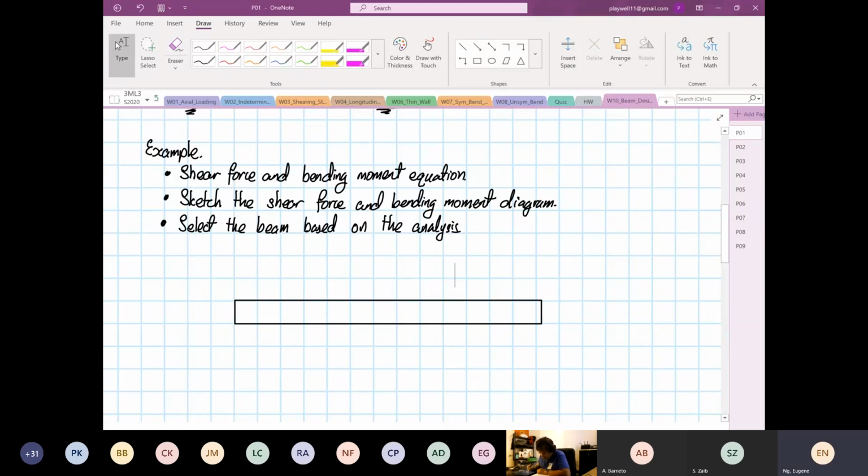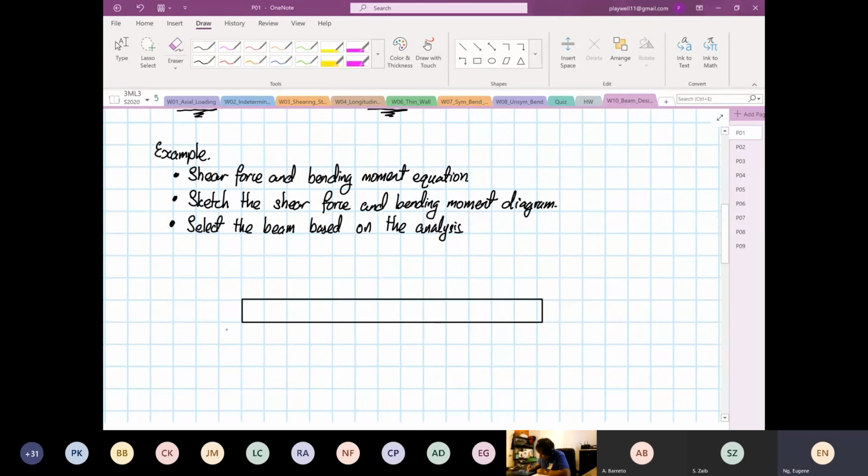So you have point A, and then somewhere down here you have point B. So at point B, you have a pin, and then you have point C. At point C, you're on a roller, and then we have our point D. Then we have X, Y, and rotation about Z. So this is an overhanging beam.